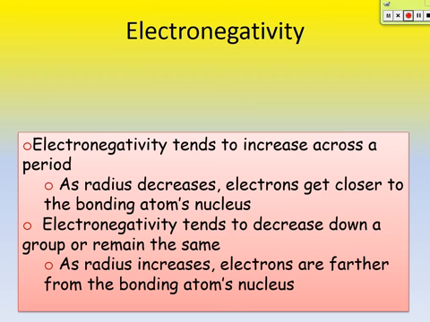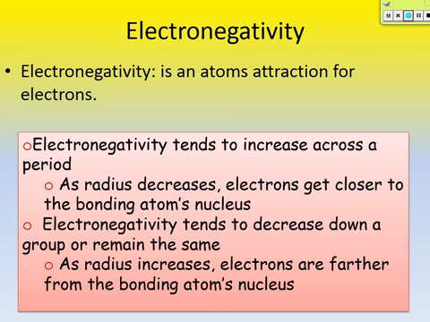Okay, one last trend and then we're done. This one's called electronegativity. Electronegativity is an atom's attraction for electrons. So it's how strongly it attracts electrons to itself, to the atom.